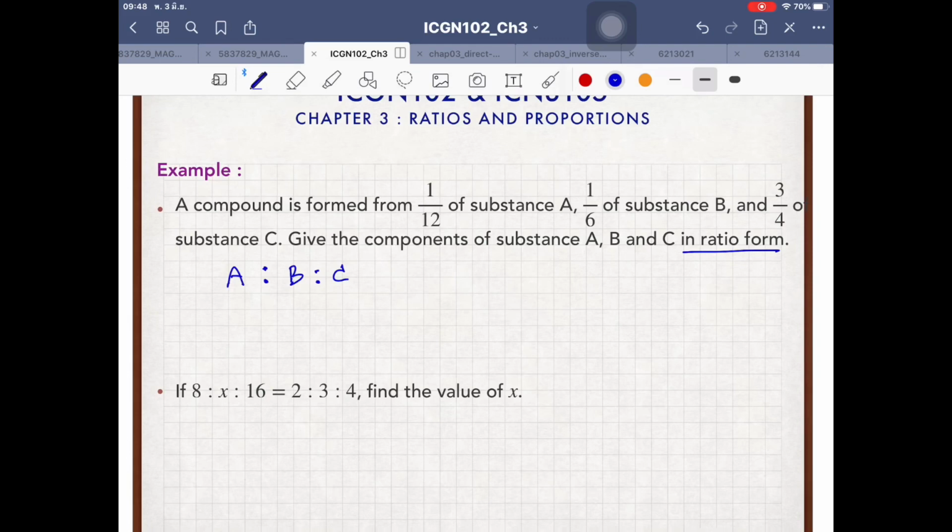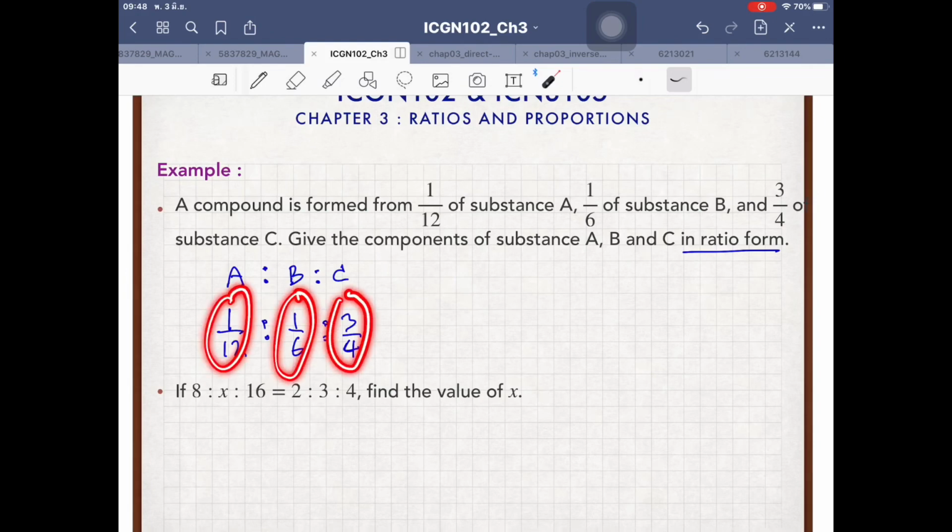So here we have A colon B and then colon C. From the substance A, this compound will have 1 over 12, and then it's going to have 1 over 6 of substance B and then 3 over 4 of substance C. So here you can see that each term is in the fraction form, all right?